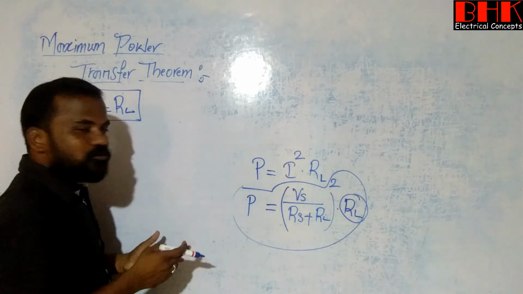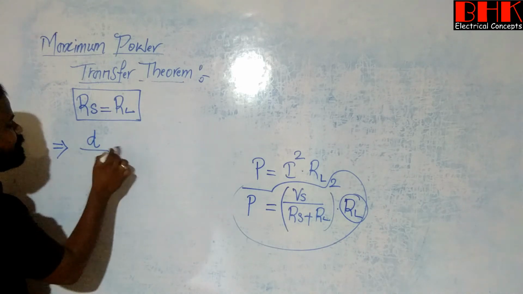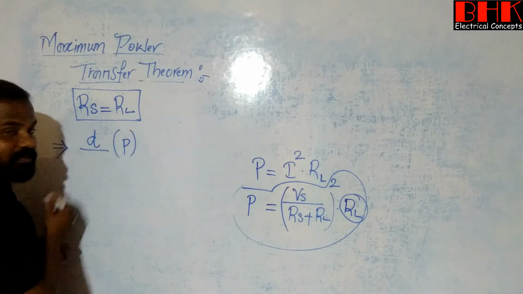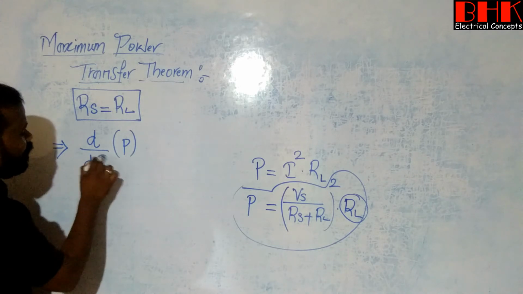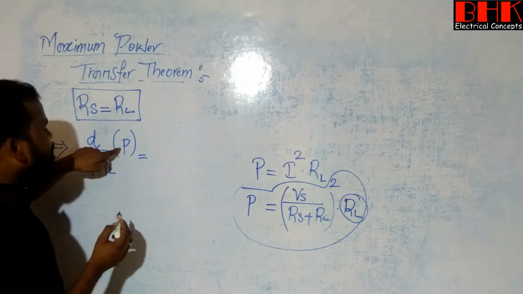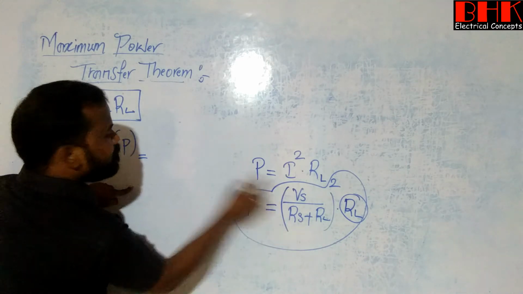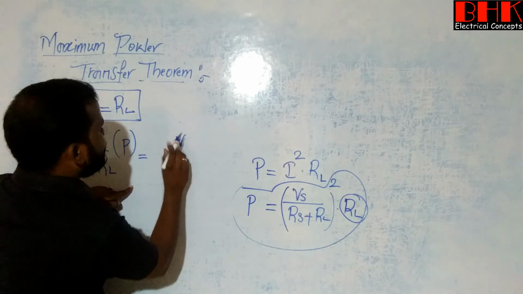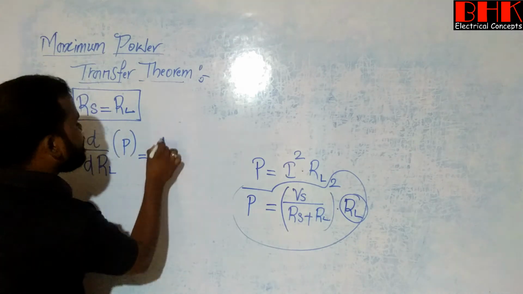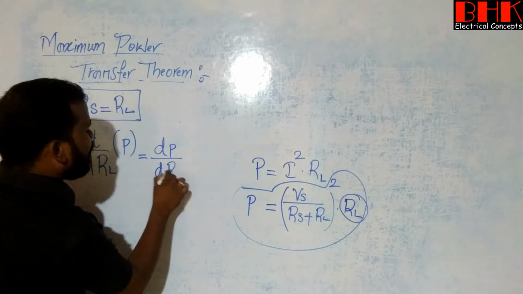So what we need to do? Simply differentiate power P with respect to load resistance RL, that is dP divided by dRL.